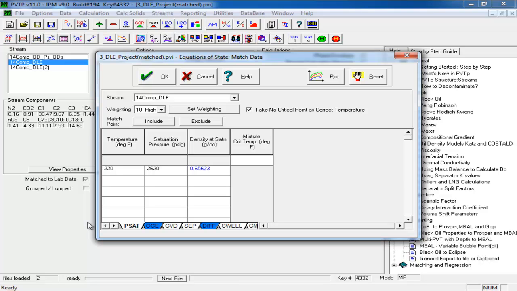For example, in CCE, we measure the volume, then we divide the volume at each step over the volume at saturation pressure. Also in DLE, we measure the volume of gas and liquid, then we divide them to have RS. And so on for separator.